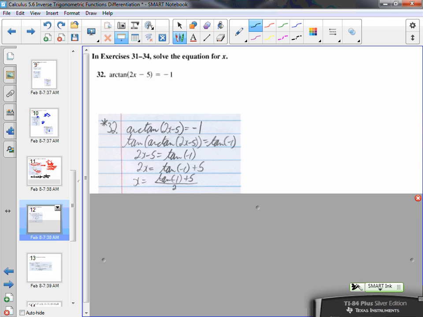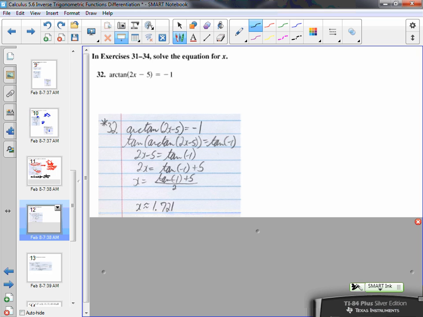If the directions tell you to round it to a decimal, fine. If they don't, you don't have to. Now, if this was a multiple choice question and all the multiple choices were in decimal, then you would. But now go ahead on your calculator. See if you can get 1.721 like I did.